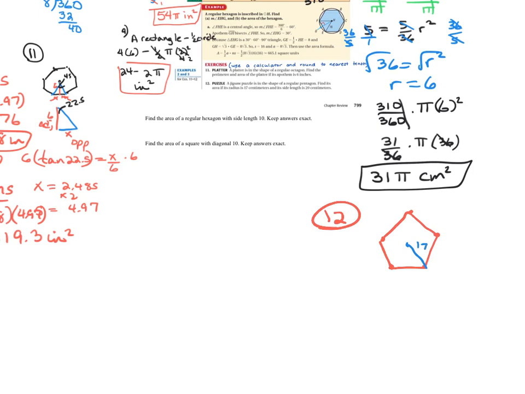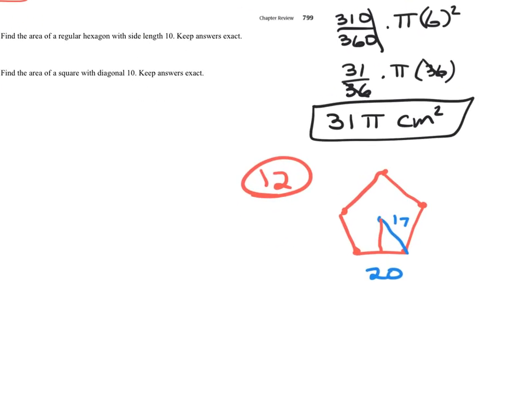They also gave us the side length, and they told us the side length was 20. So let's drop down our apothem. Remember, when we drop down that apothem, it's going to split this into 10 and 10.